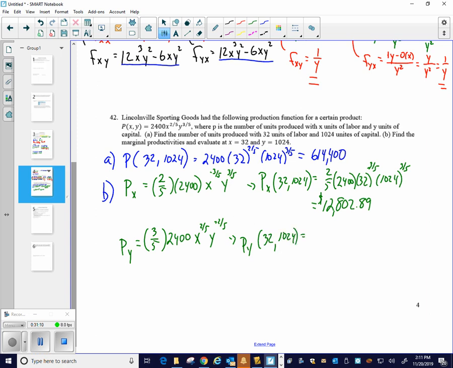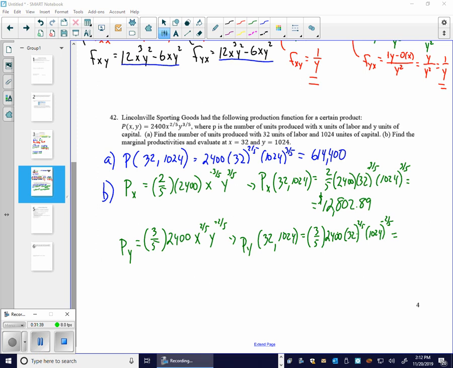So again, let's plug that in. So we get 3/5 times 2400 times 32 to the 2/5 power, and 1024 to the negative 2/5 power. And that should give us, again, go ahead and pause it and come back, and I'm going to do the same thing.